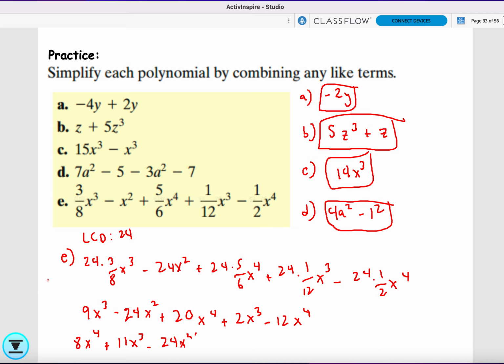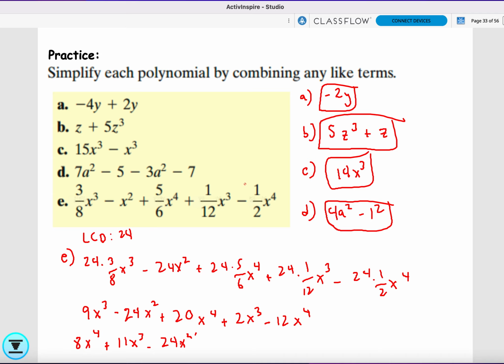So let me see if I was right. So combine the x fourths, that'll be 2/6, which is 1/3. Yep, 1/3. Nice.